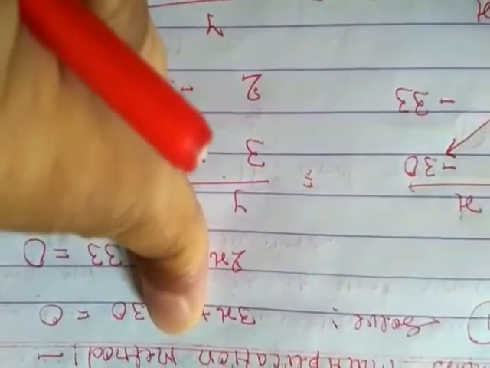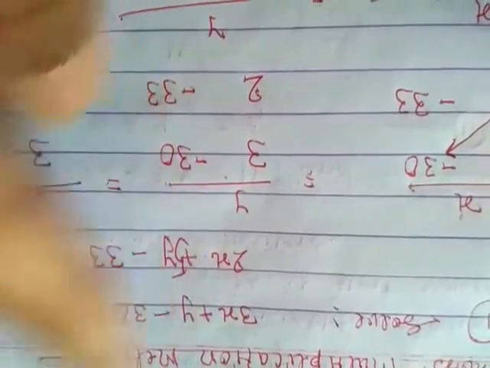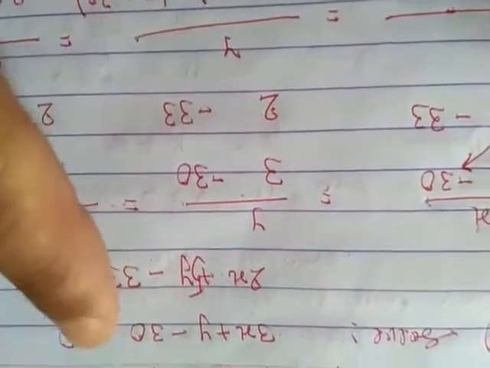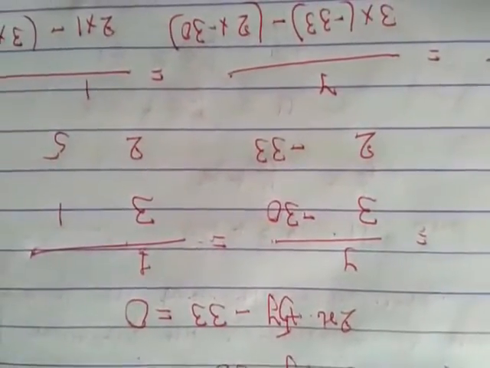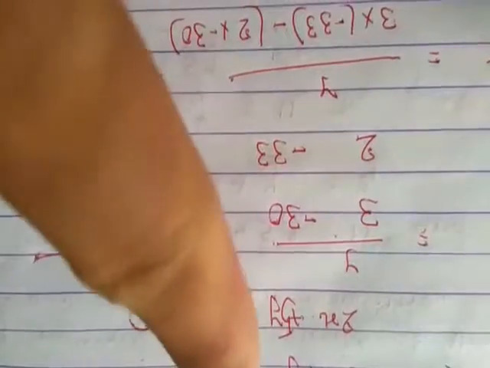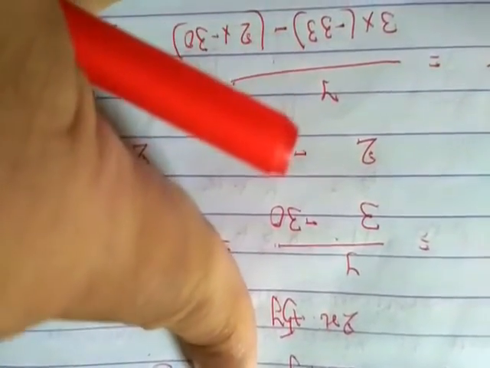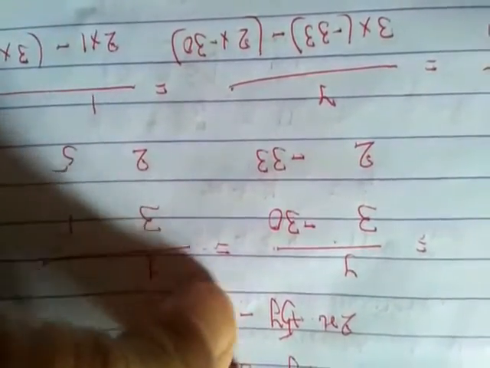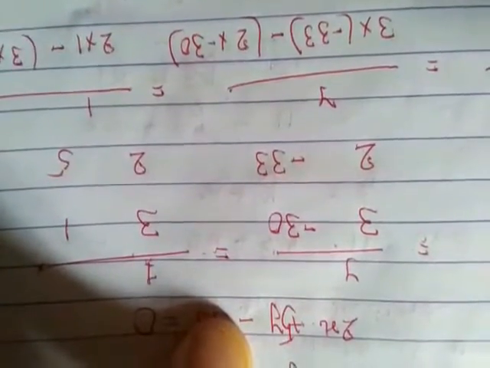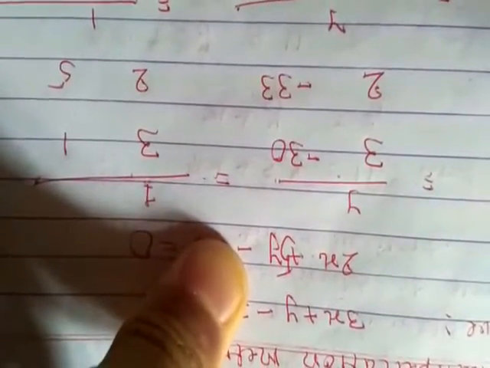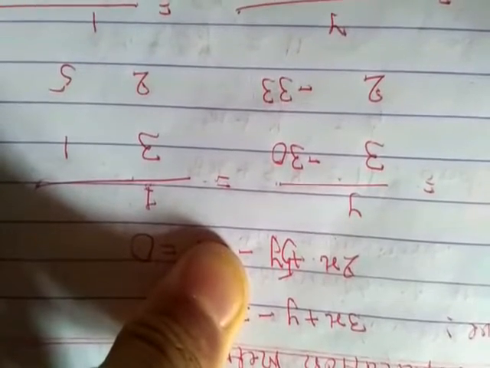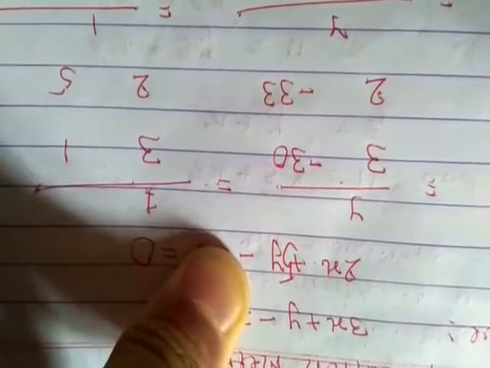Now while writing under the constant term, that is 1, you cover the constant terms of both equations. Then you have only the coefficient of x as 3 and the coefficient of y as 1 from equation 1. So write in this order 3 and 1.